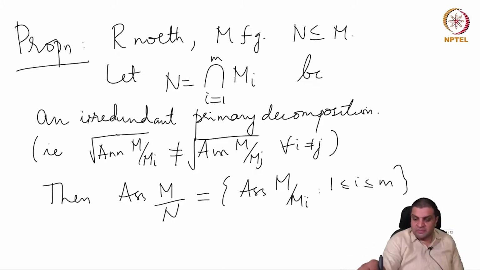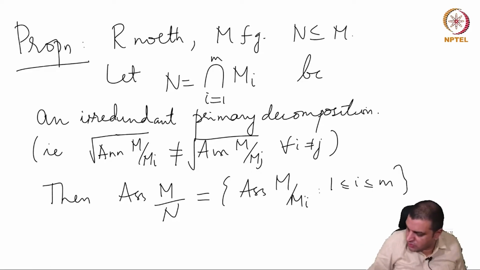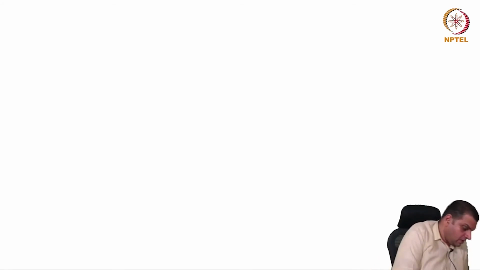So each of these factors, M mod Mi, contributes one associated prime, and distinct ones, and that's exactly the list of associated primes of M mod n. So every associated prime of M mod n gets a contribution from this. This is the proposition.